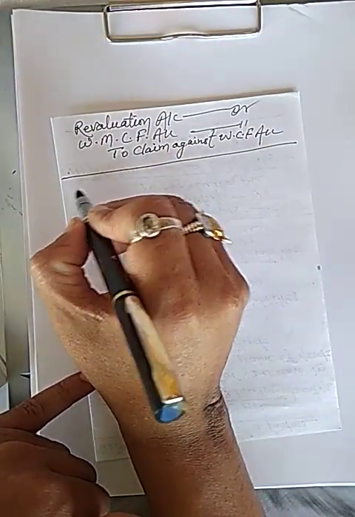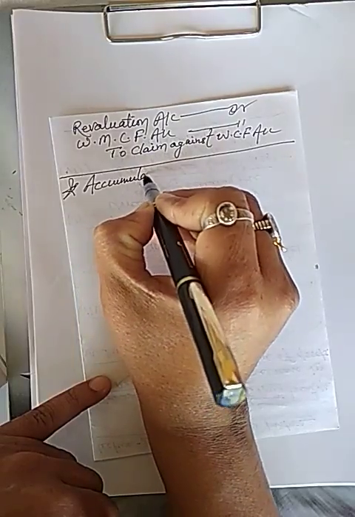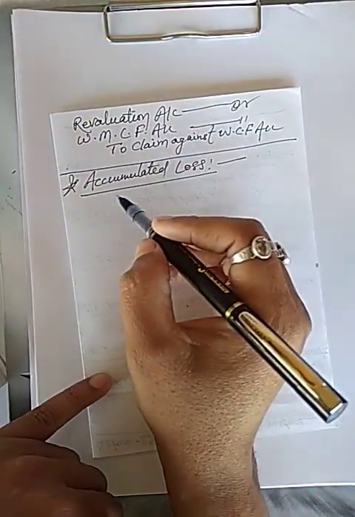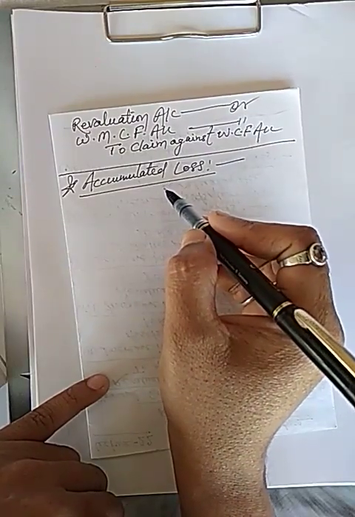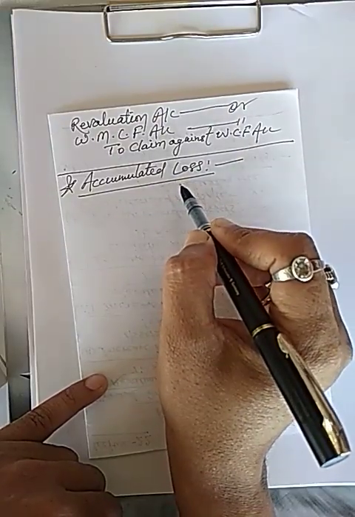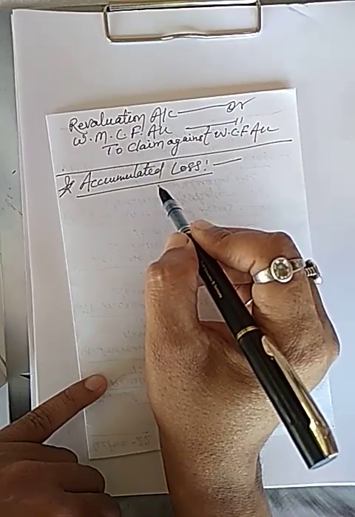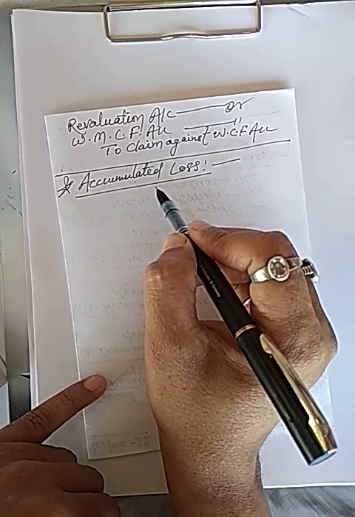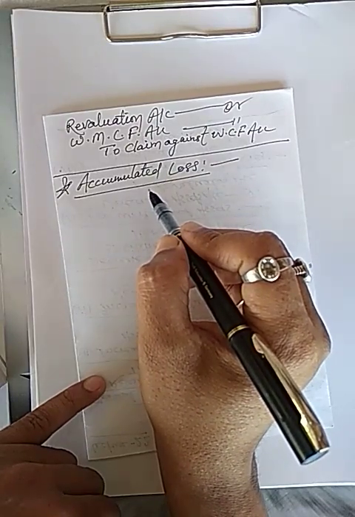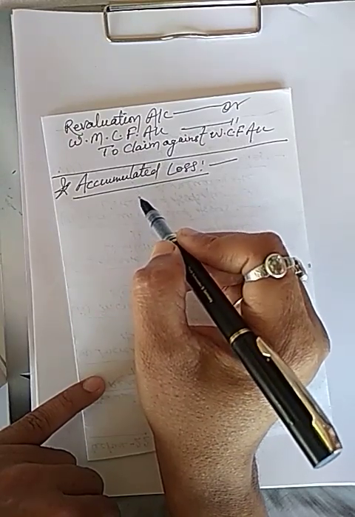Next, the journal entry for accumulated loss. In the same way, accumulated losses like debit balance of profit and loss account, advertisement suspense account, deferred revenue expenditure, etc. are losses and belong to the old partners, so these items should also be written off against the capital or current accounts of old partners in their old profit sharing ratio.